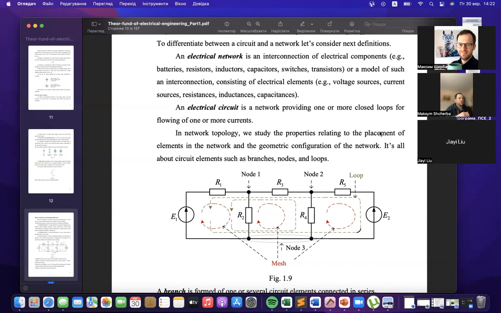On one hand, we are trying to make it as simple as we can to make our calculation quicker, also computer calculation.